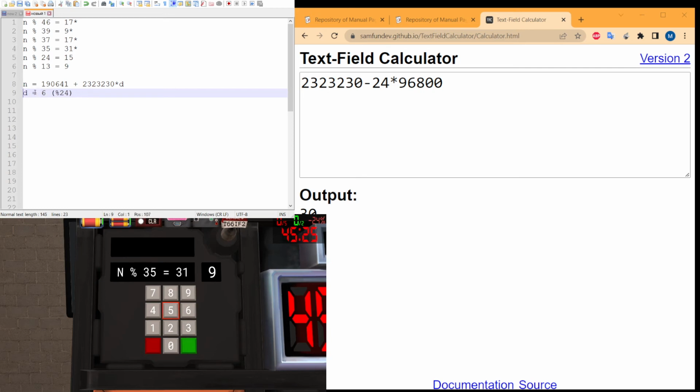We can actually divide both sides by 6 now, which means d is 1 plus 24 times e.